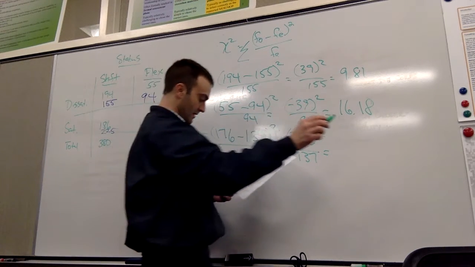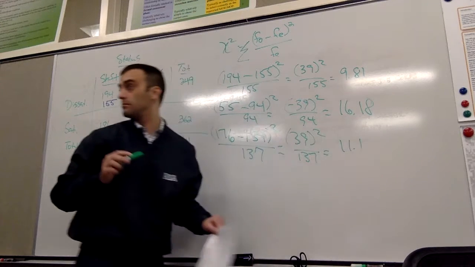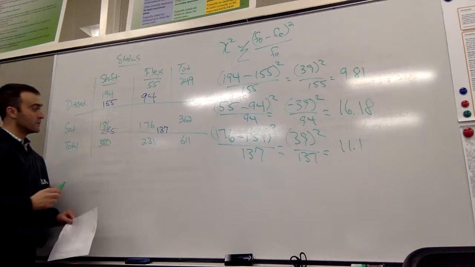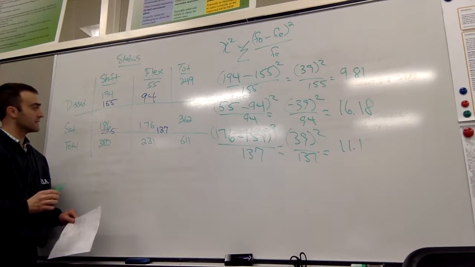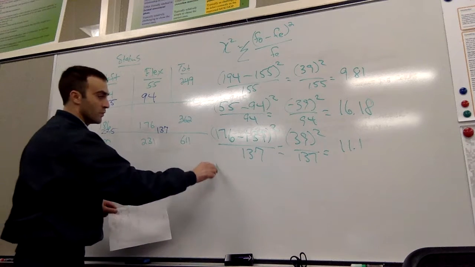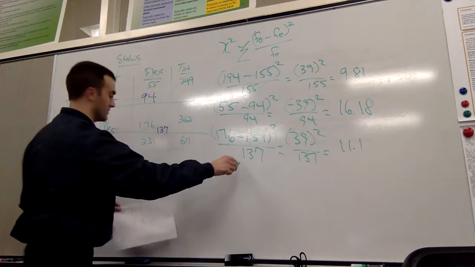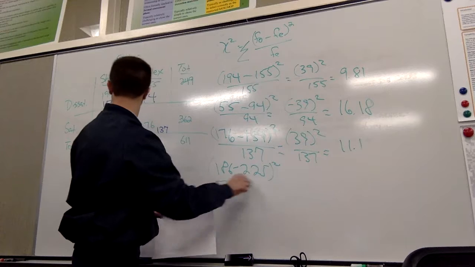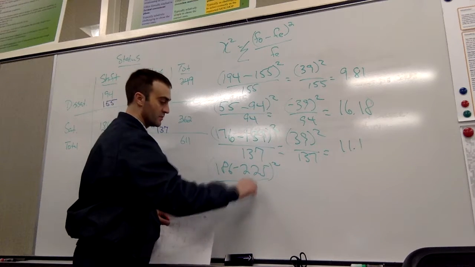We get 11.1. And then go to the southwest for the last cell. We observed 186, expected 225. Square the difference and divide by the expected of 225.